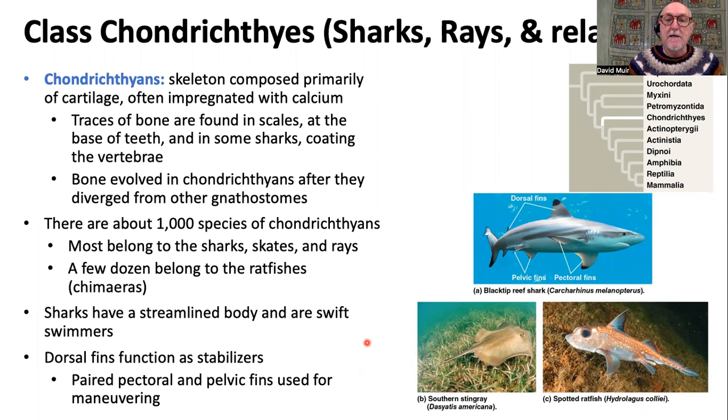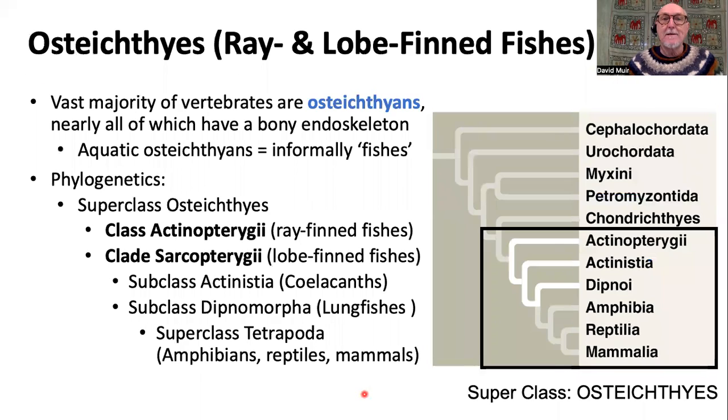In any case, we leave them behind, and we're going to proceed now to this group called the Osteichthyes. And well, ichthyes means fish, and ostei means bony. So these are the bony fish. Well, that's fine. Yes, there are certainly bony fish in there, but look who else is in the group. Look down here.